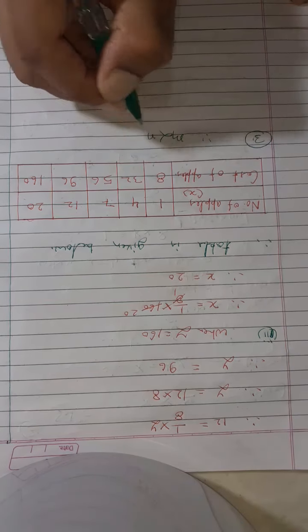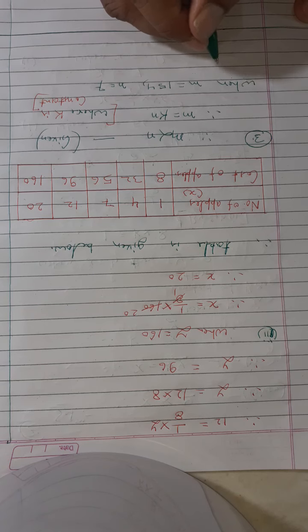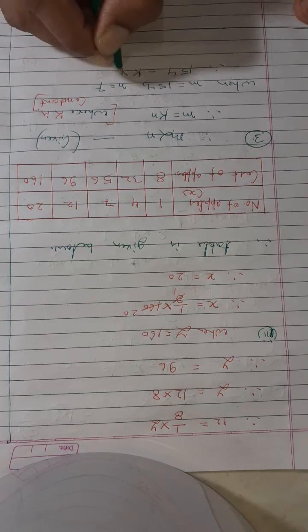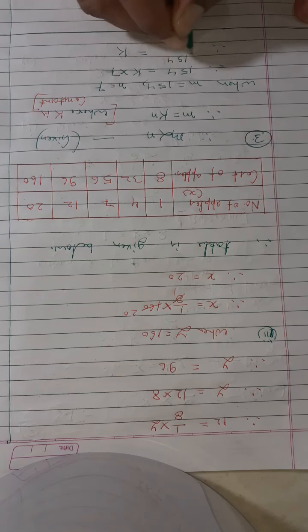So first of all we find the proportionality constant. We have to find the direct proportionality constant. So look, what will happen? Since m is proportional to n, it is given. Therefore we can write m is equal to Kn, where K is constant. Okay, now when m is equal to 154, n is equal to 7, therefore 154 is equal to k into 7, therefore k is equal to 154 upon 7.